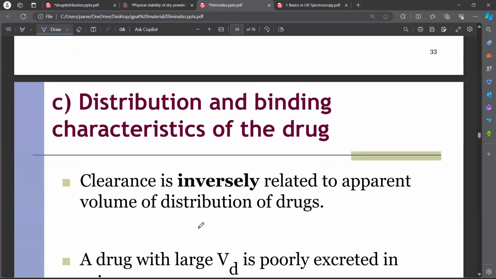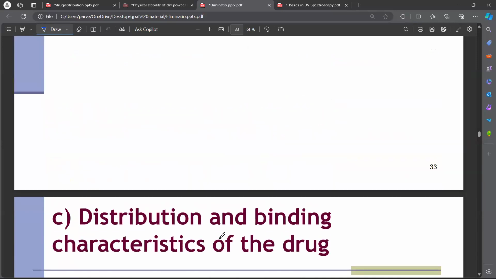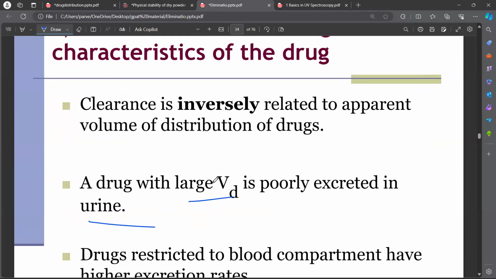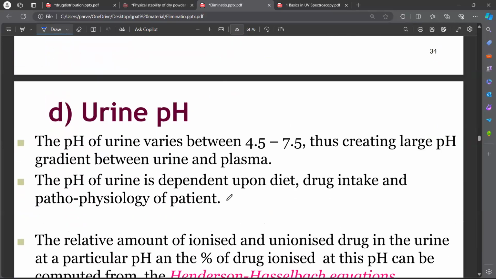Clearance is inversely related to the Vd. We know that clearance is equal to Ke times Vd. Drugs with large Vd are poorly excreted in the urine because they are more deposited in the tissues, by which their excretion decreases.